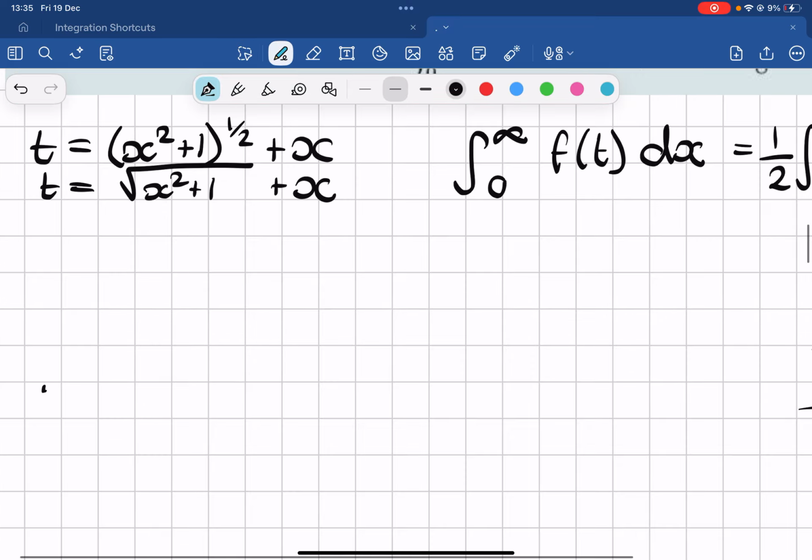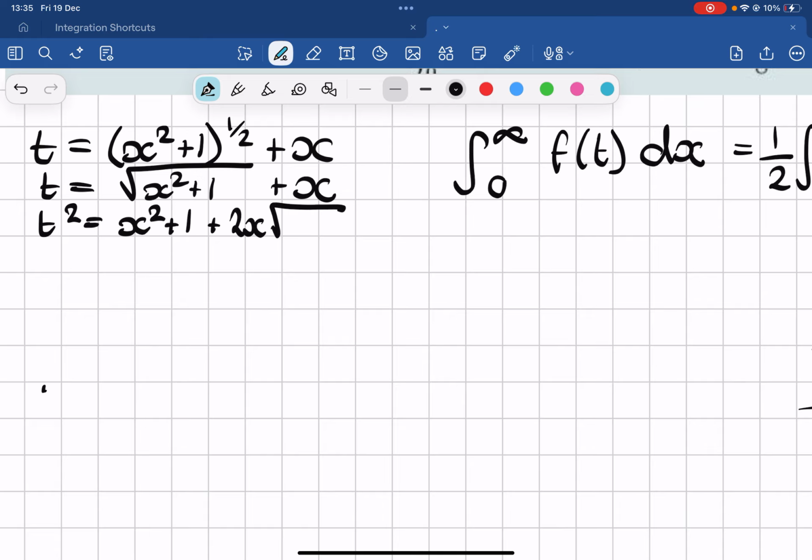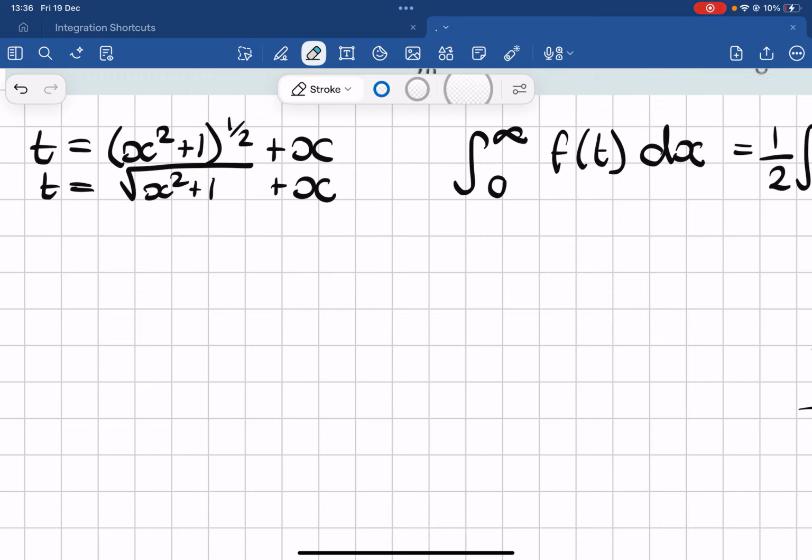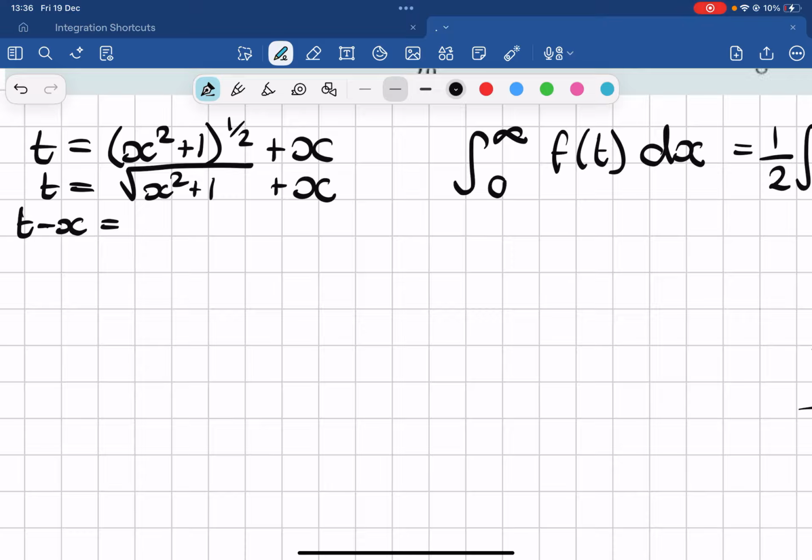So we've got t squared equals x squared plus 1 plus 2x root(x squared plus 1) plus x squared. Well, actually this is a bit extensive, so what we can do instead is bring our single x to one side, and now let's square both sides.